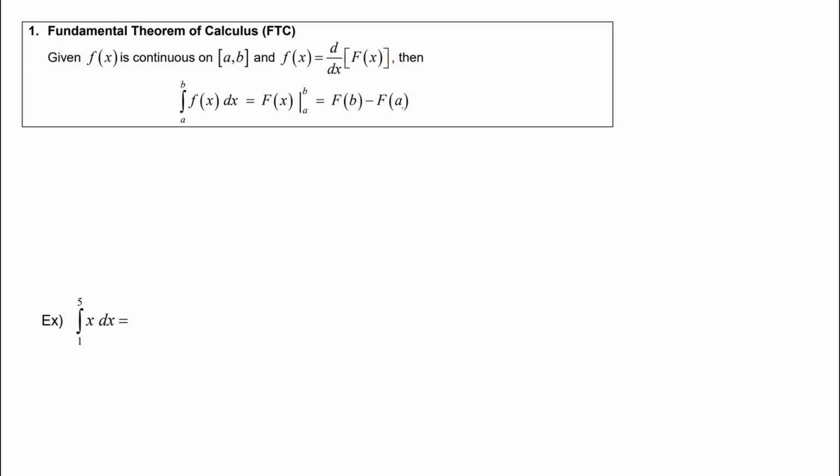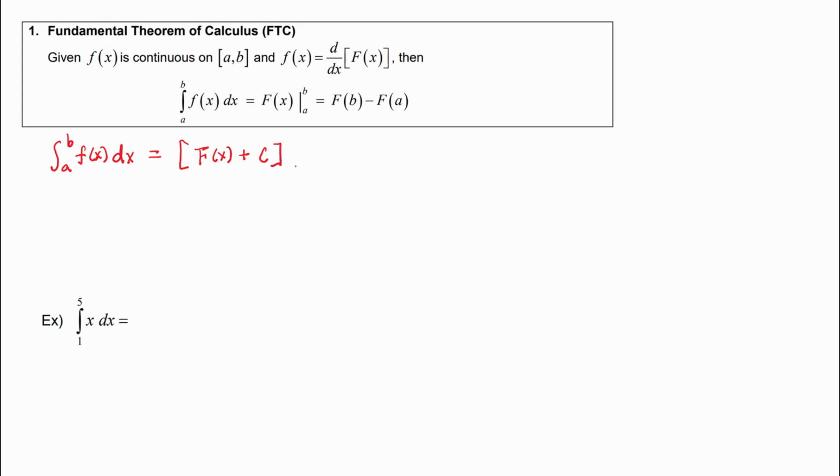To understand this a little bit better, let's take a look at the integral from a to b of small f of x dx. We just said capital F of x is the antiderivative of small f of x. So when you integrate small f of x, we will get the antiderivative, which is capital F of x plus some constant c.